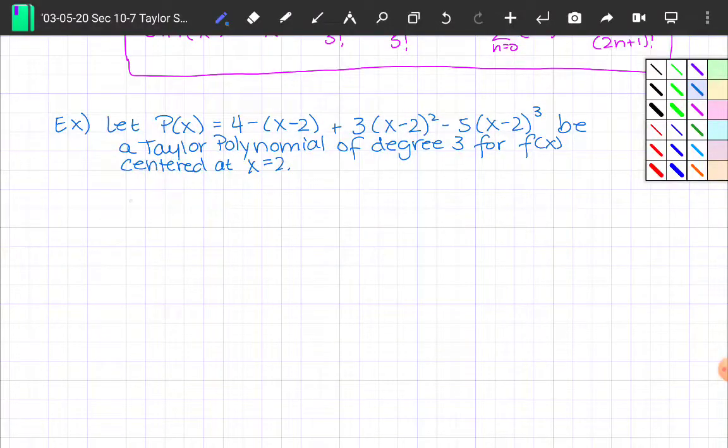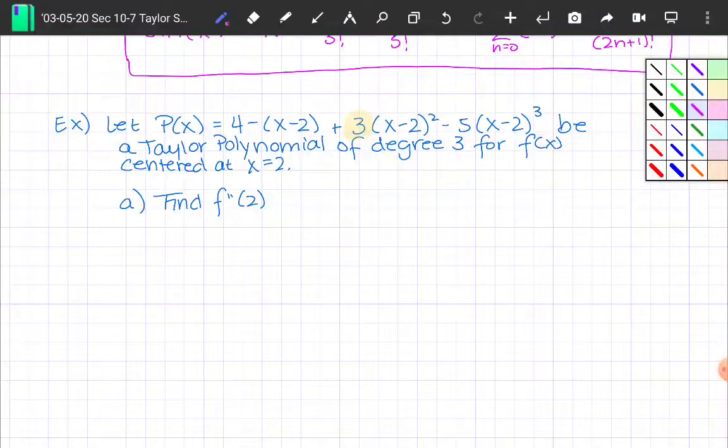Okay, so that's given. So the first part, can you find the second derivative evaluated at 2 hidden in this problem? And that's not too hard. So we have to look at the squared term, the term with degree 2, because we're looking at the second derivative.